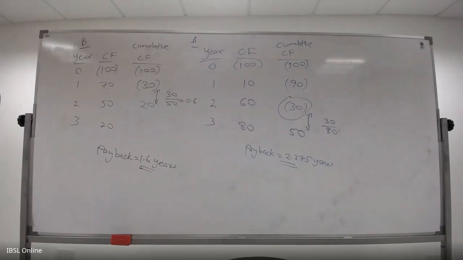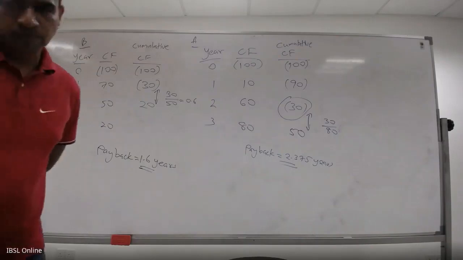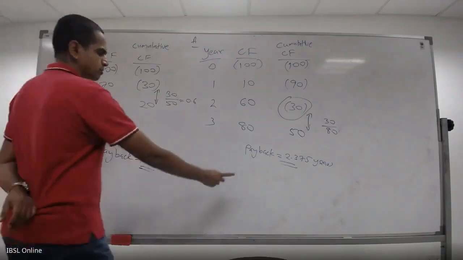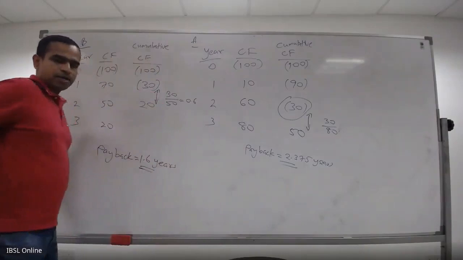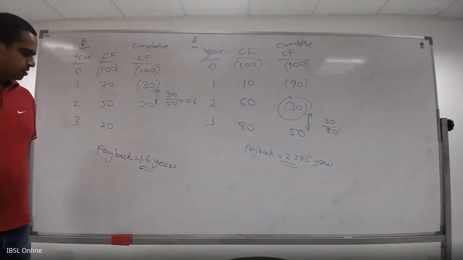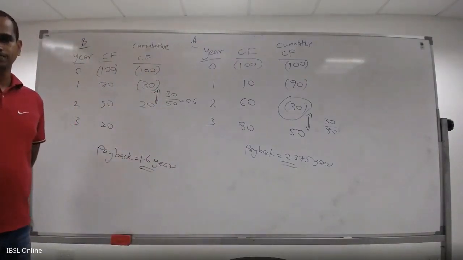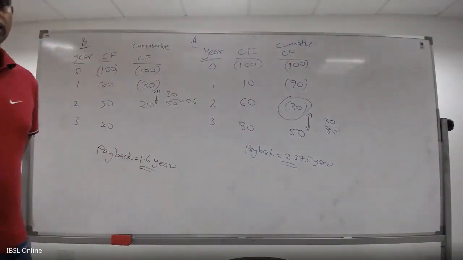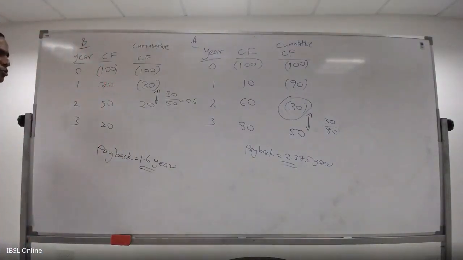B. Why? Because it has a lower payback period, right? A has a payback period of 2.375. B pays back in 1.6 years, which means B pays back faster. Yeah, you recover your investment faster when it comes to B. Yeah, so your answer is correct.